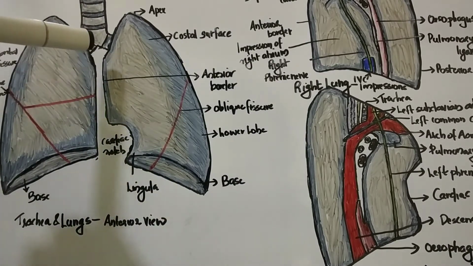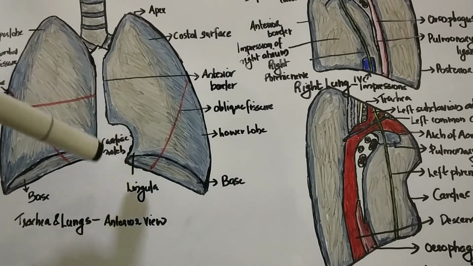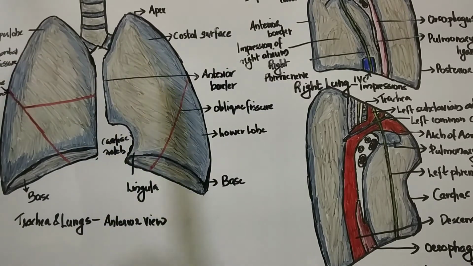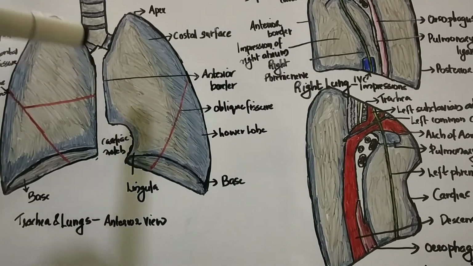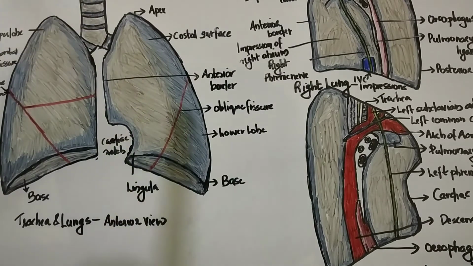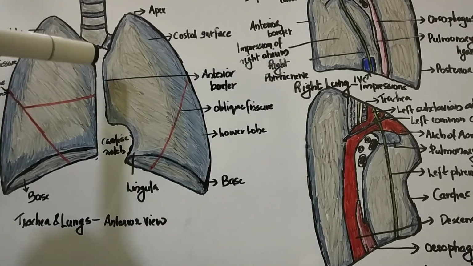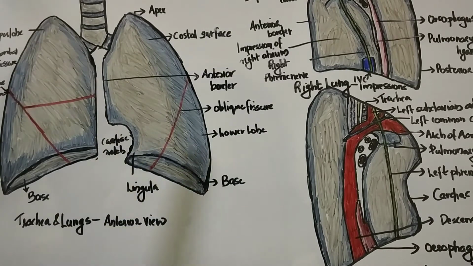The vertebral or posterior part is related to the intervertebral disc, the vertebral bodies, posterior intercostal vessels, and also splanchnic nerves.